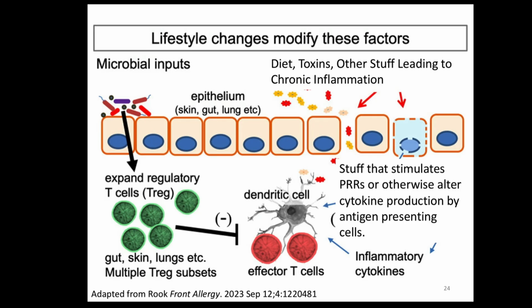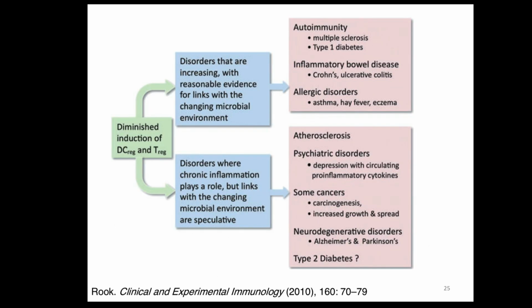We're seeing these responses, and that can lead to many different things. These are some of the disease states that have been associated with excess inflammation and deviation of the immune response away from a regulatory environment.